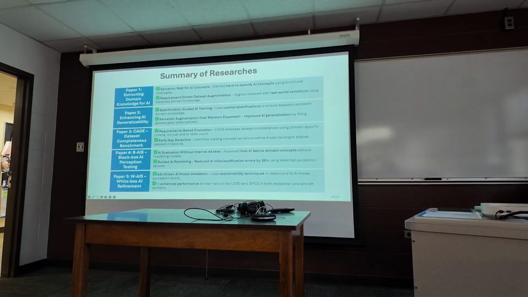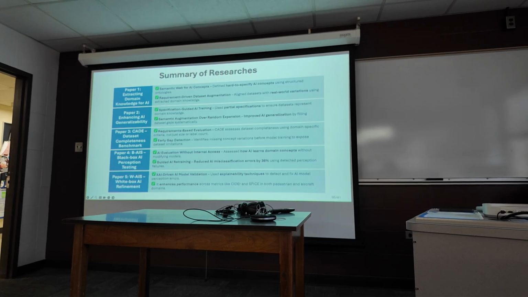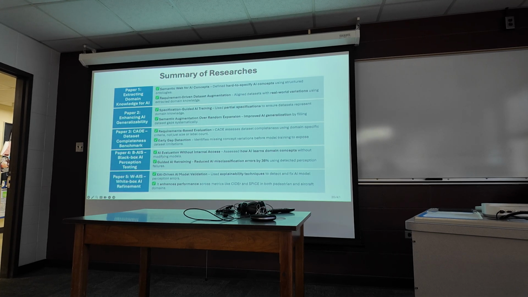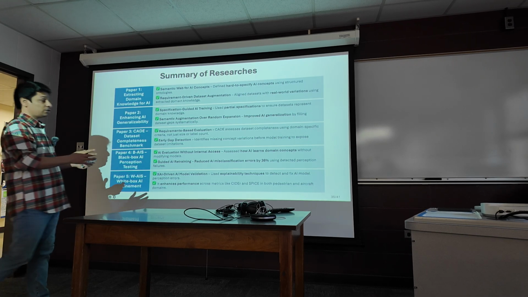Then we have a requirement-driven dataset augmentation method that aligns the dataset with real-world variation using the extracted domain knowledge. In component 2, or paper 2, we have specification-guided AI training using partial specification to ensure the dataset represents the domain knowledge. And also, we have semantic augmentation over random expansion.